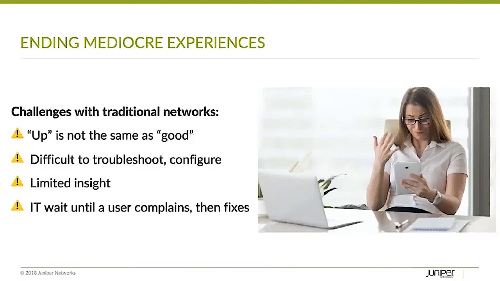So this is where we want to try and change that conversation to, okay, let's make an available and a highly available network, but let's at the same time pull out data points and telemetry that help us expose what it means for our users to be having a good experience over those networks and over those paths.